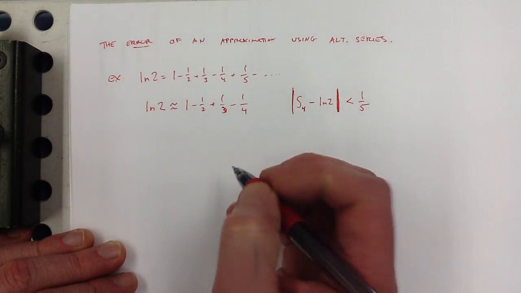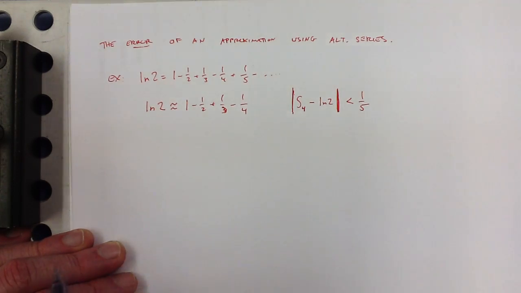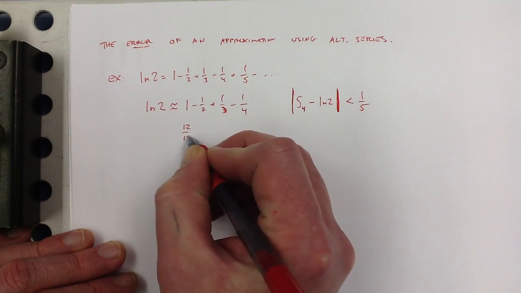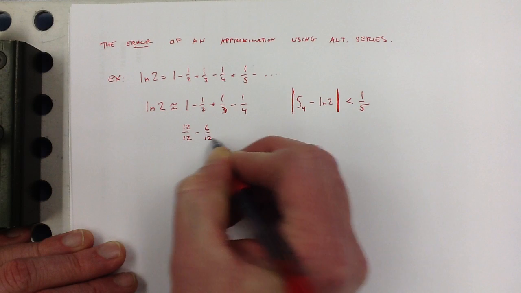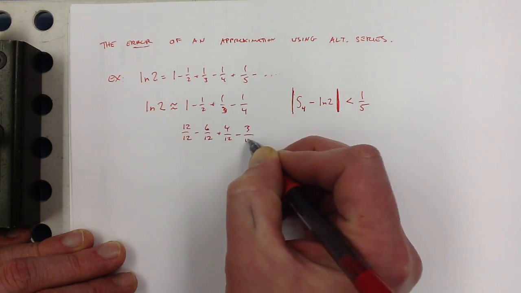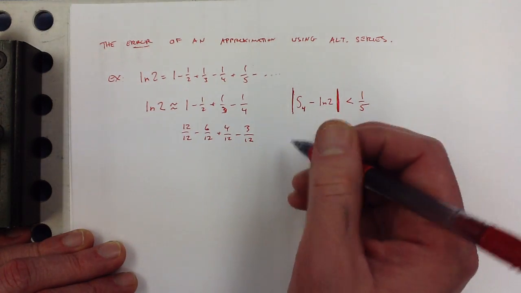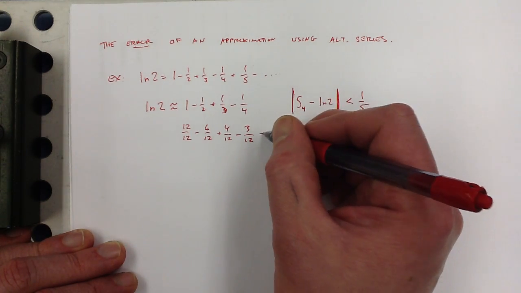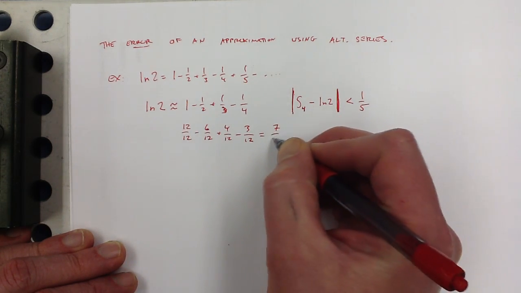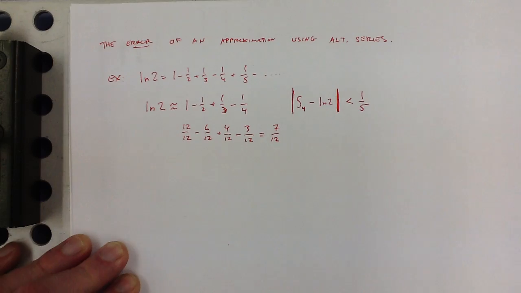If we put those all in terms of, what would the common denominator here be? 12. This is 12 twelfths minus 6 twelfths plus 4 twelfths minus 3 twelfths. So that's what, 7 twelfths? I think, right? 12 minus 6 plus, yep, 7 twelfths.